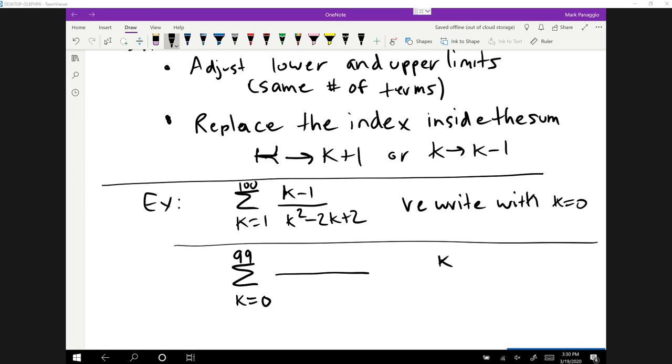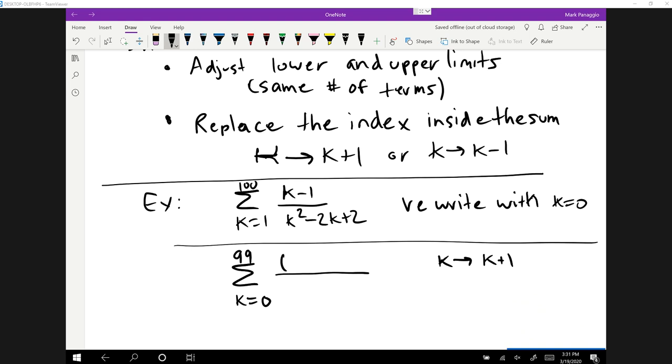Since we decreased the range by 1, we are now going to replace all of the k's with something that is 1 larger than k to undo that. So I'm going to copy the same expression inside the sum, the same term, but I'm going to replace every single k that I see with a k plus 1, and I'm going to use parentheses to make sure that we distribute things properly.